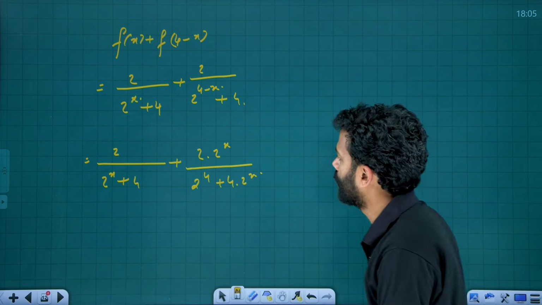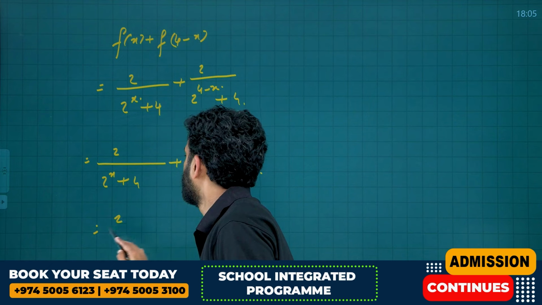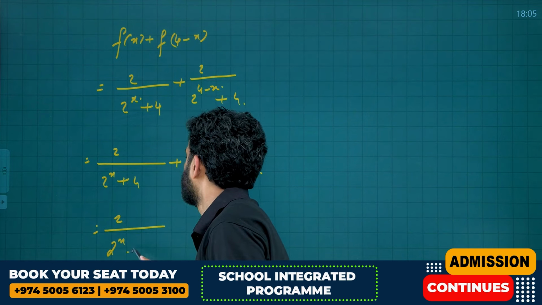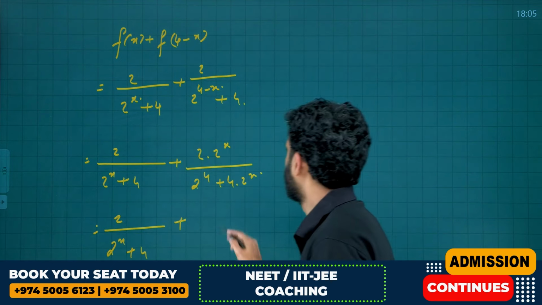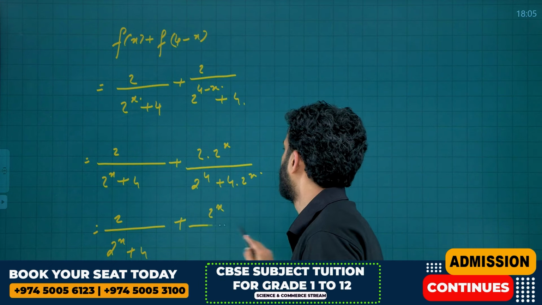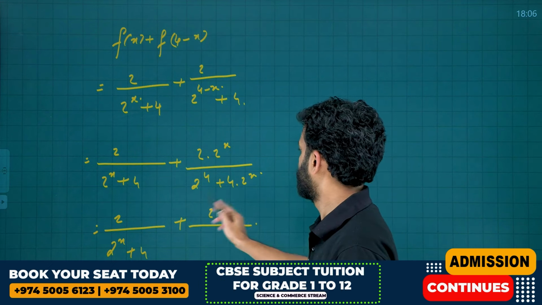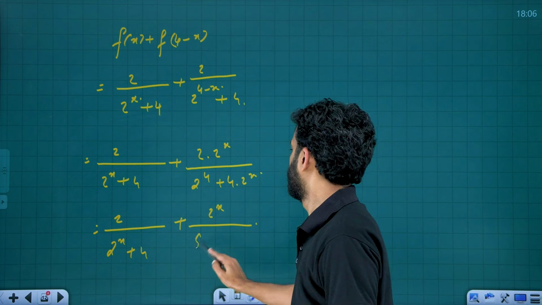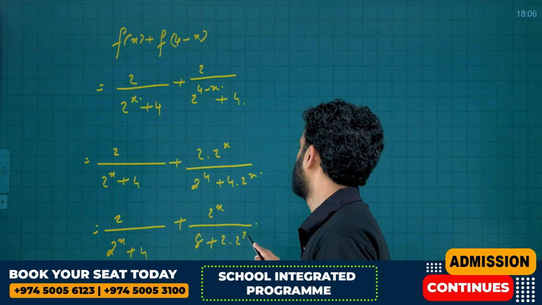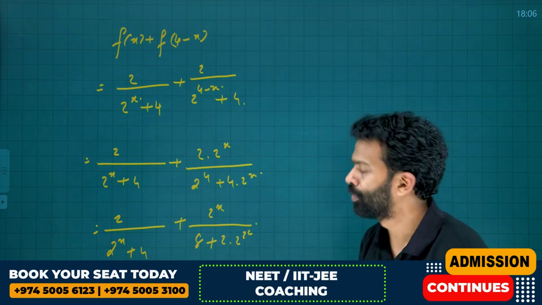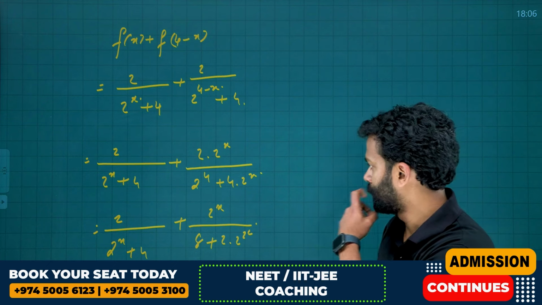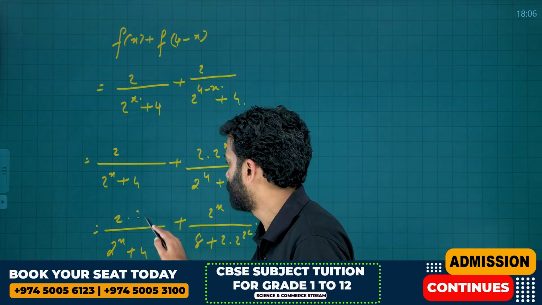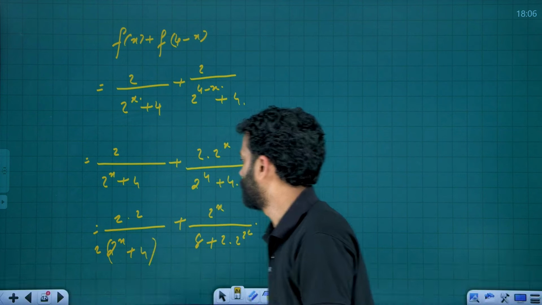Hope you are getting the idea here. So, it will be 2 by 2 raised to x plus 4 plus this will be 2 raised to x divided by, if you cancel 2, it will be 8 plus 2 into 2 raised to x. And here also if you multiply with 2, I think the denominator becomes same, right?